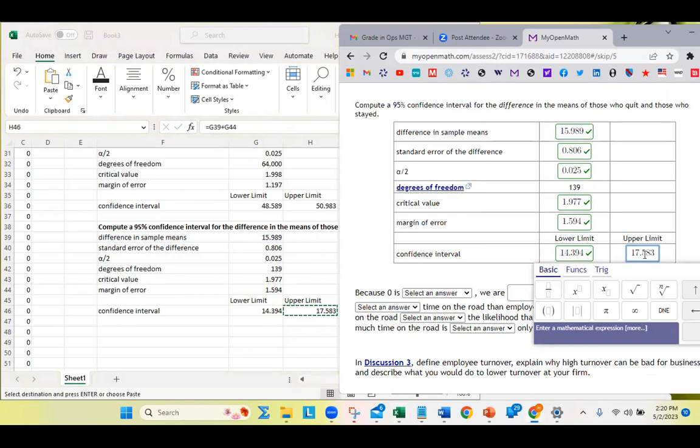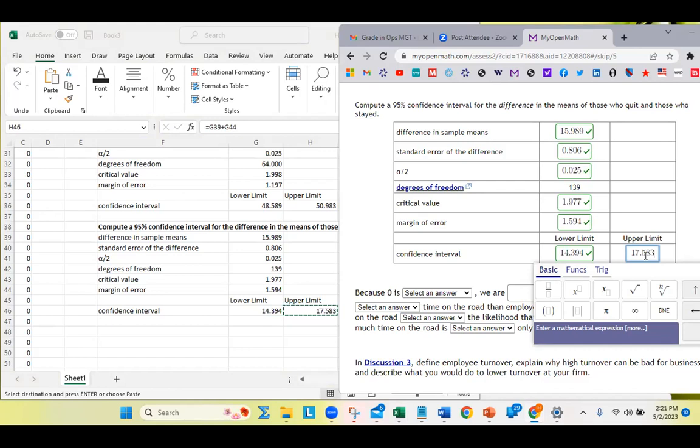So what that means is the people who are quitting, we're 95% confident that they are spending between 14.4% and 17.6% of the time on the road more. The worst case scenario, they're spending 17.56 more percent of the time on the road than the people who don't quit.